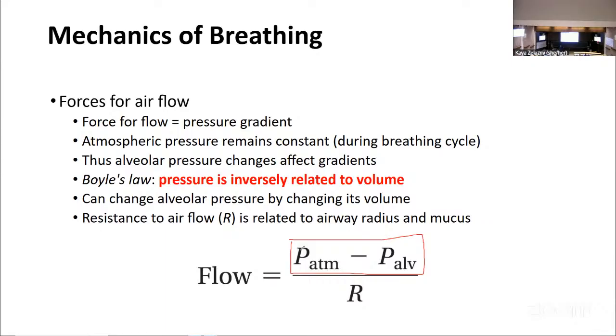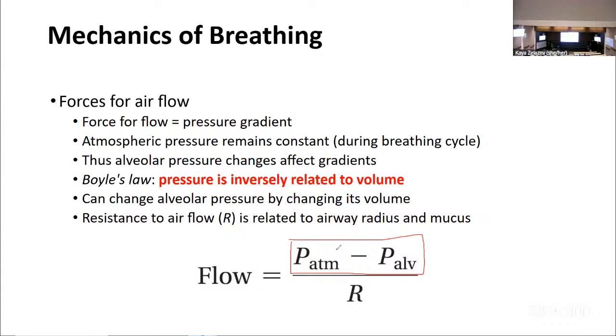So we actually have to calculate our difference, but we know that atmospheric pressure doesn't change. That's going to stay constant.